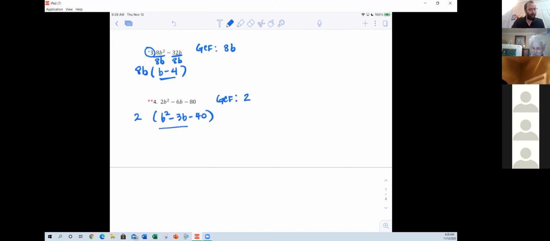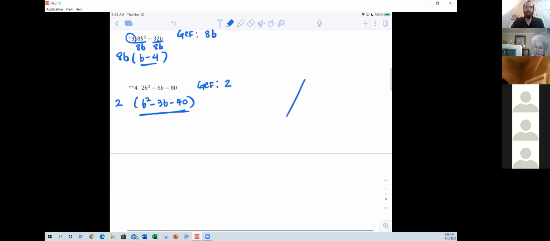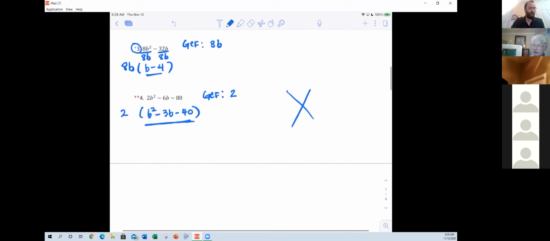Now I have a trinomial that has a leading coefficient of 1. So I'm looking for two numbers that are going to multiply together to give me negative 40, and at the same time add together to give me negative 3, if there is such a thing.